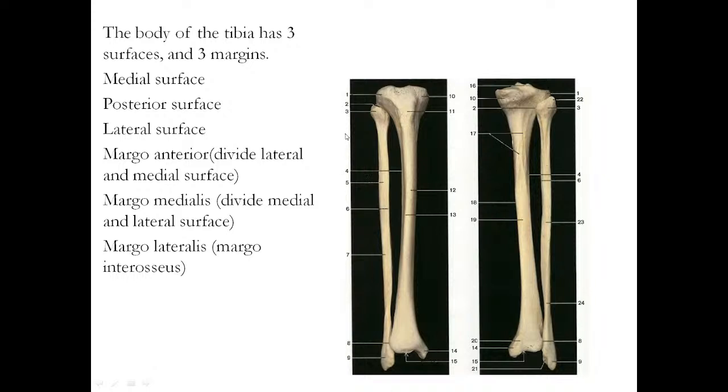This is the fibula. And on the anterior surface of the proximal epiphysis of the tibia is located the tuberositas tibialis.